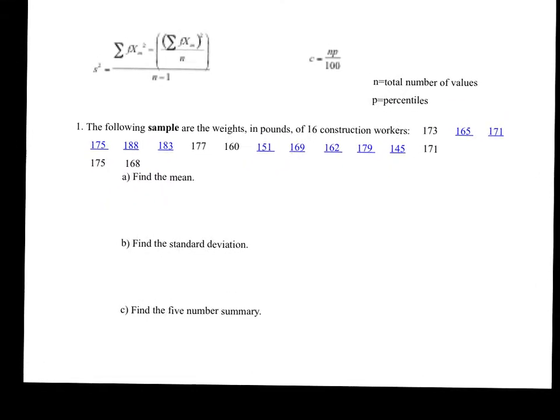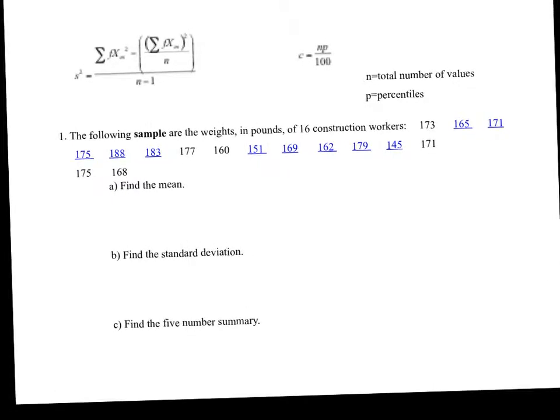I'm going to do this on my TI-89. I put it into the Stats List Editor, choose List 1, choose one-variable stats. My mean is 169.5. My sample standard deviation is 11.1355.